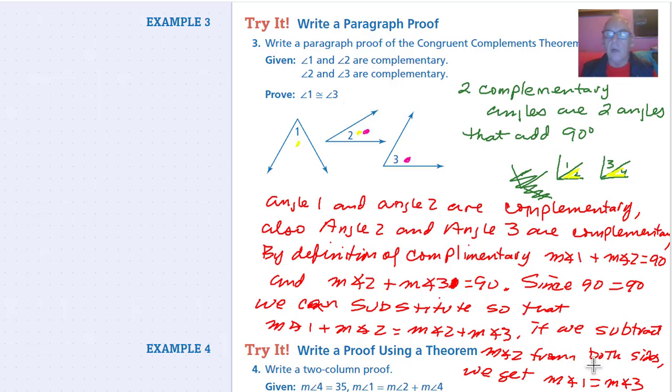And then we can say that angle 1 is congruent to angle 3 by definition of congruent.